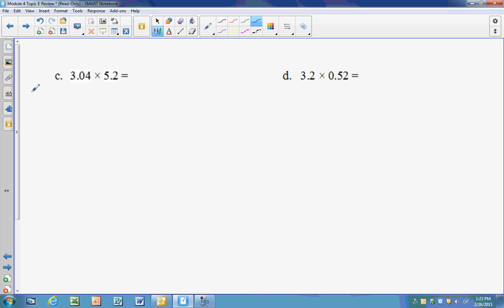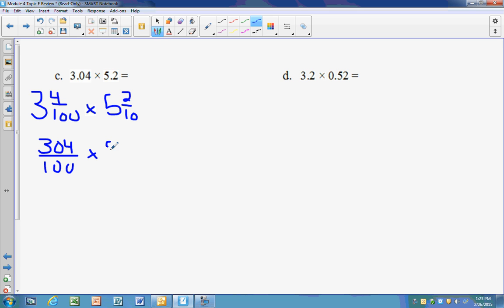Last 2 on this section is 3 4 hundredths times 5 2/10. We convert these into improper fractions. In order to help ourselves, we're going to do some multiplication down here.